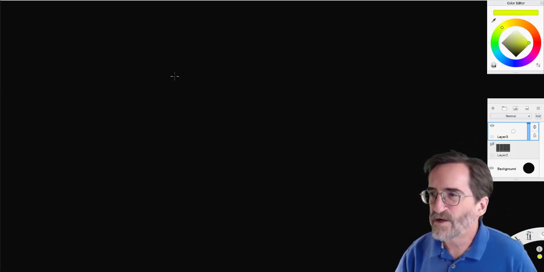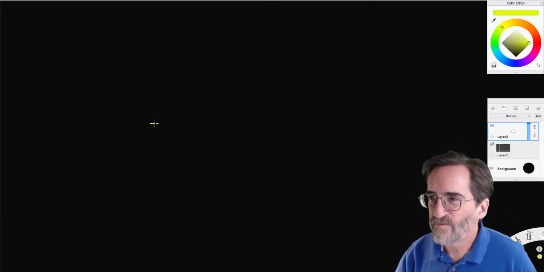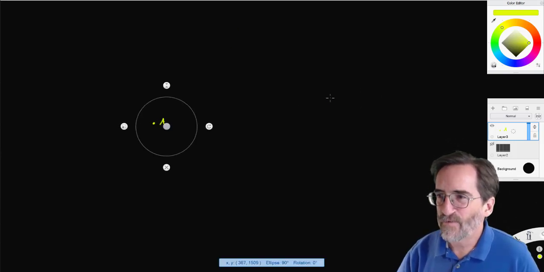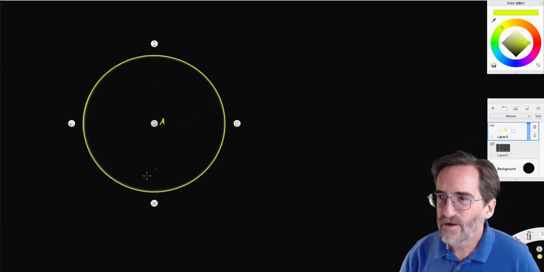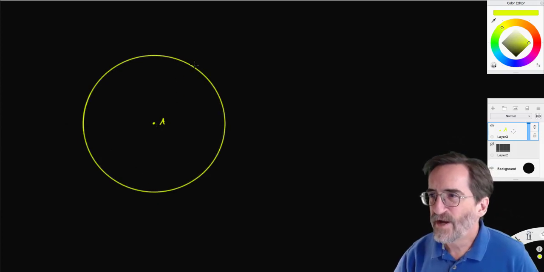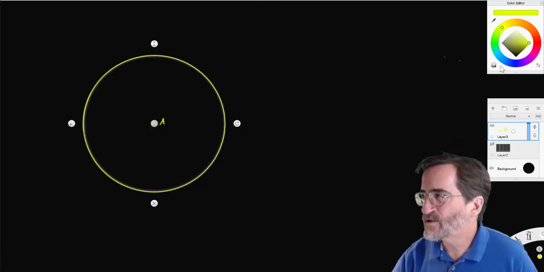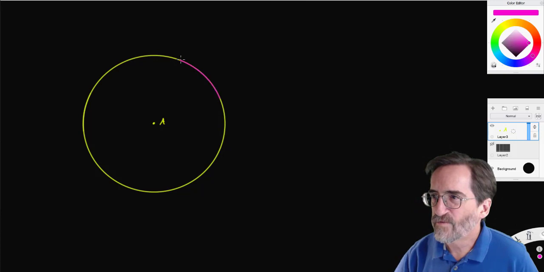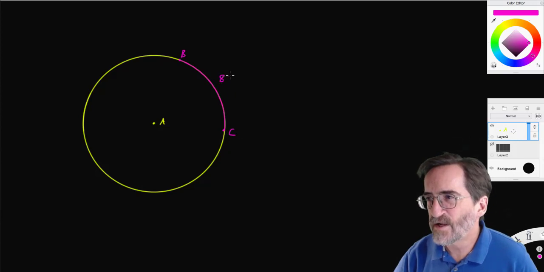Here's what we've discovered. We can draw a circle with a given center, call it A. If I have an arc between 2 points on the circle, we'll call them B and C, and let's say arc BC measures 88 degrees.